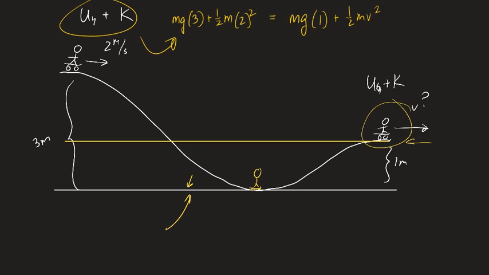But if you're seeing what I'm about to say, if you subtract this from both sides, you just get mg times 2 plus 1/2 m times 2 squared equals 1/2 mv squared. You understand, resetting the reference level doesn't change your problem at all. It's just reference. Your height is reference.